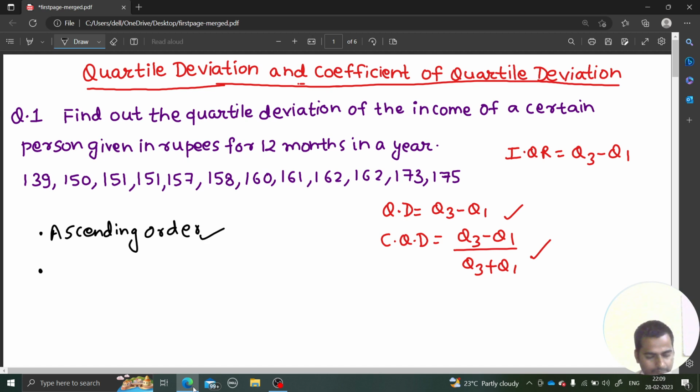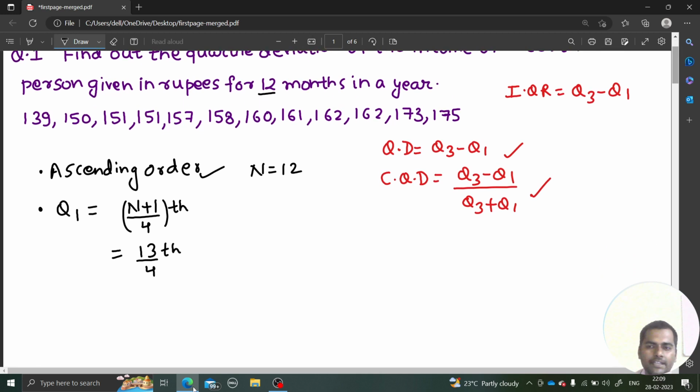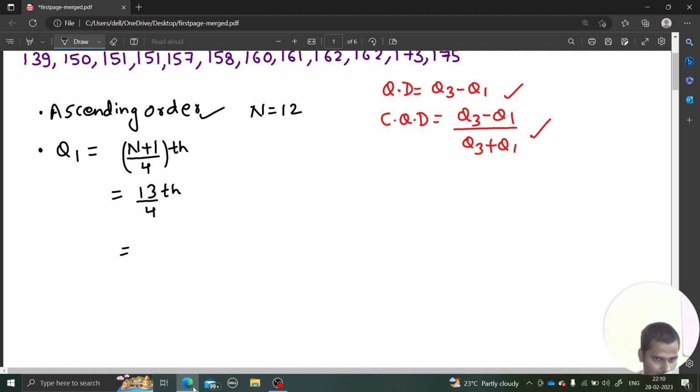Second step: Q1 is (n plus 1) divided by 4, that is the (n plus 1) by 4th term. First see how many terms there are, that is your capital N. They have given 12 months, so n equals 12 here. So n plus 1 is 13, and 13 by 4 is 3.25.